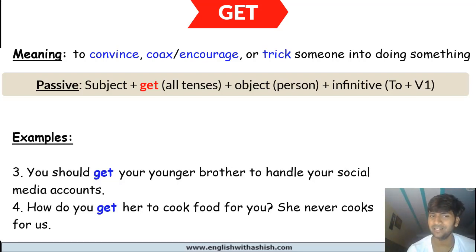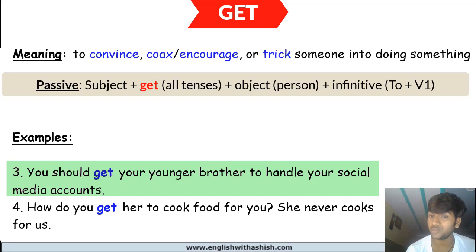Another example, you should get your younger brother to handle your social media accounts. You're using a modal verb should. You should or you can get your younger brother to handle your social media accounts, right? Get somebody to do something. Get your younger brother followed by an infinitive, right? To handle your social media accounts.